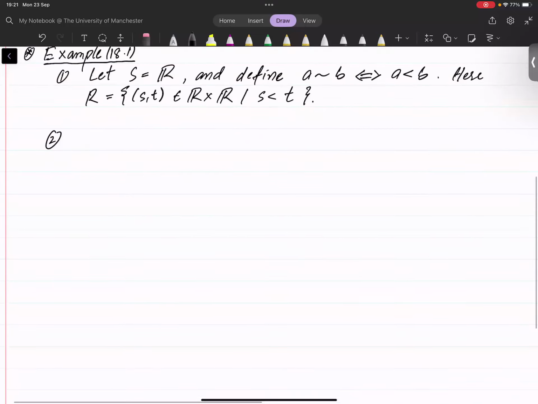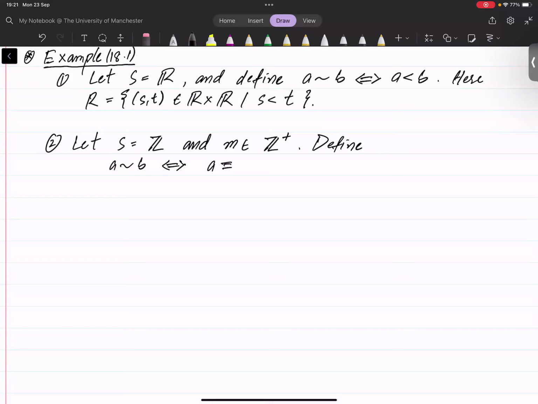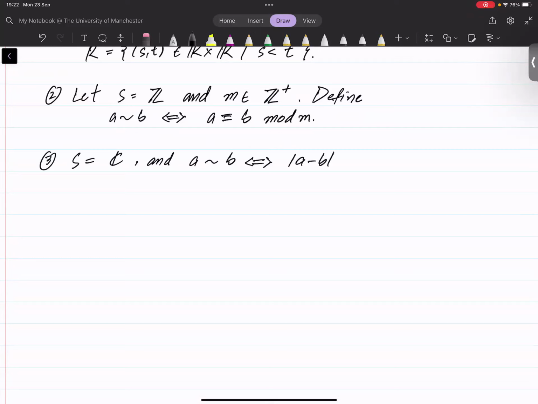Number two: let the set S be the set of integers and M a positive integer, then define A is related to B if and only if A is congruent to B mod M. Number three: let the set S be the set of complex numbers and A is related to B if and only if the modulus of A minus B is less than 1.